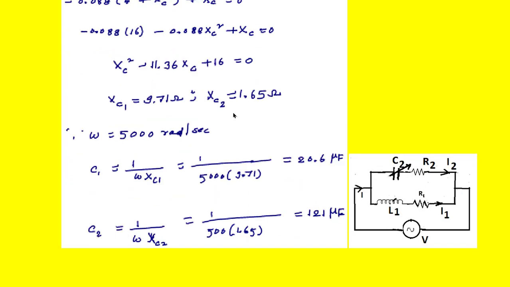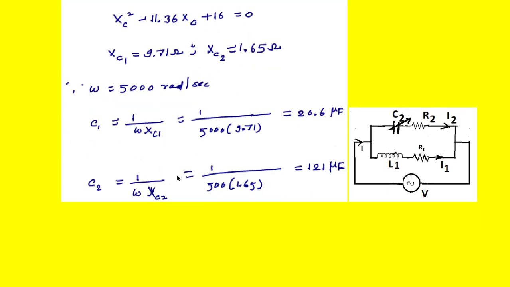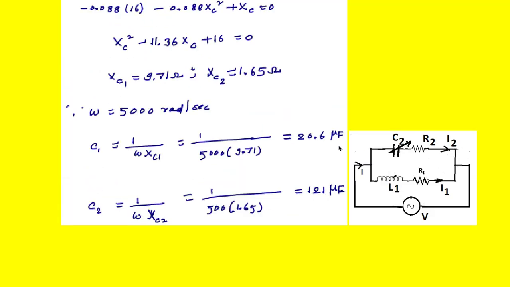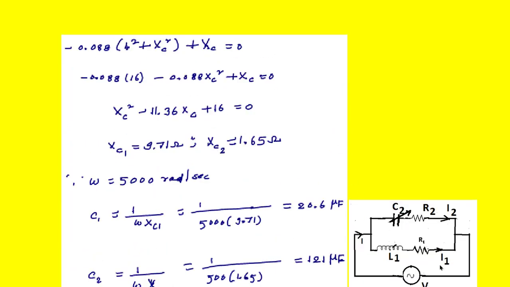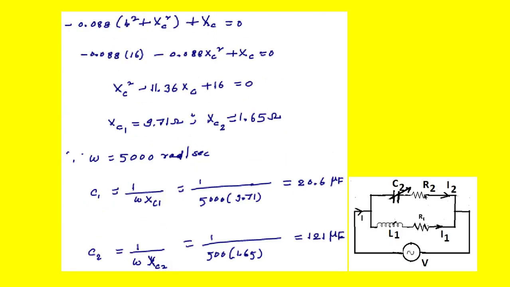Similarly, xc2 is 1.65, so we can calculate C2, that is 1 by omega xc2, equal to 1 by 5000 into 1.65, then we get 121 microfarads. That means for this circuit, there are two values of capacitor at which the circuit is going to resonate.